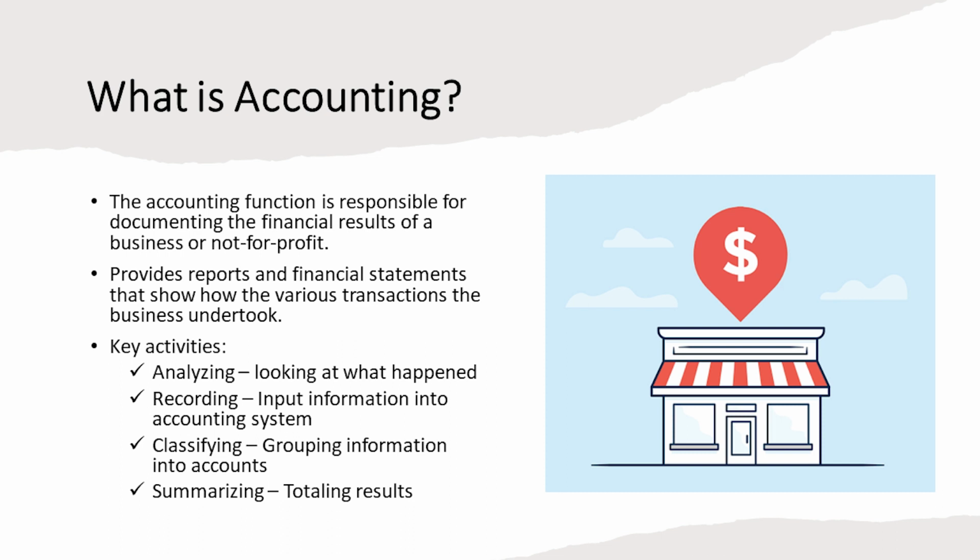So what is accounting? The accounting function is responsible for documenting the financial results of a business or not-for-profit. That word function should be familiar to all of you, but it just means it's a business activity, just like marketing, just like operations, just like the human resource function. These are specific activities that are part of running a business.